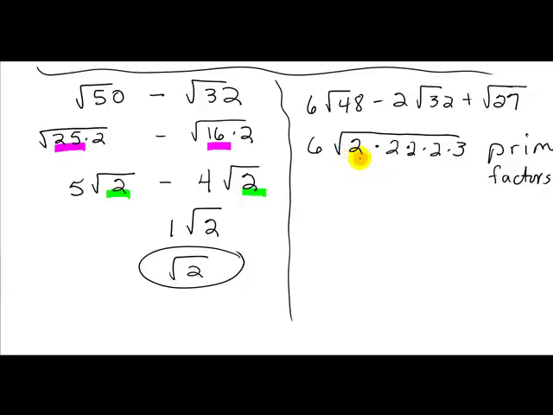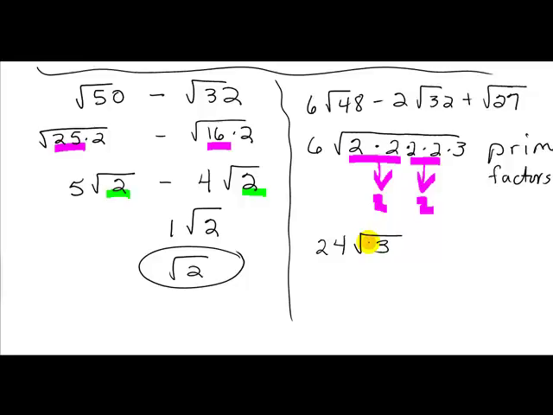So when we're simplifying, this will come out as 1, and this will come out as 1, 2. So what we're going to have here is 2 times 2 coming out times the 6. So 4 times 6 is going to be 24 times, and what's left is that square root of 3.